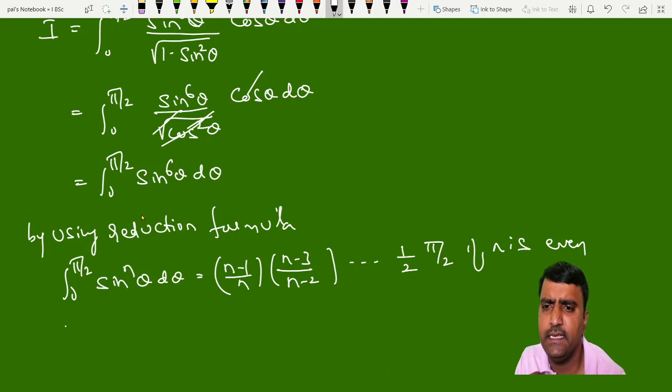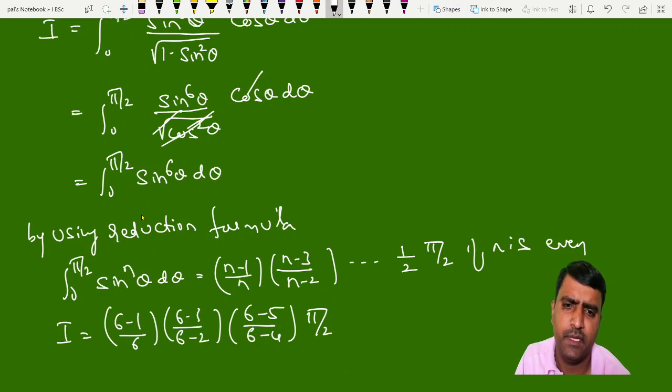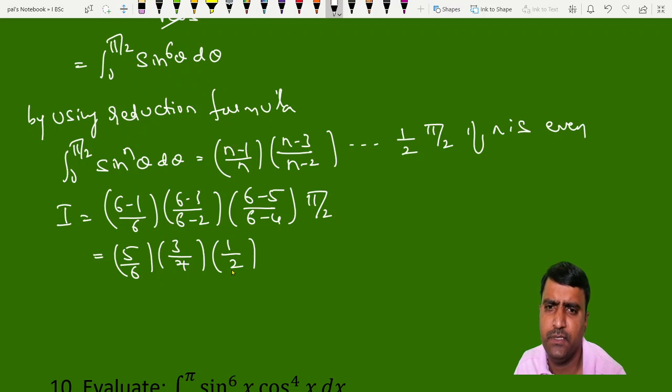So I is equal to 6 minus 1 divided by 6 into 6 minus 3 divided by 6 minus 2 into 6 minus 5 divided by 6 minus 4 into finally pi by 2. So that is equal to 6 minus 1 is 5 by 6, 6 minus 3 is 3 by 4, 6 minus 5 is 1, 6 minus 4 is 2, 1 by 2 into pi by 2.